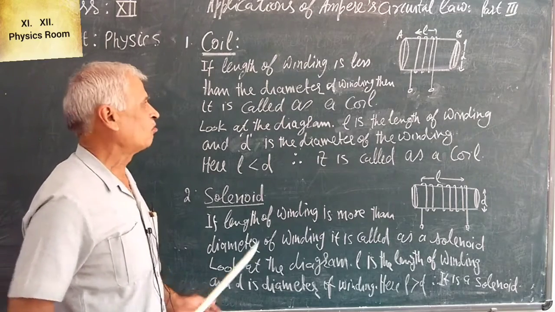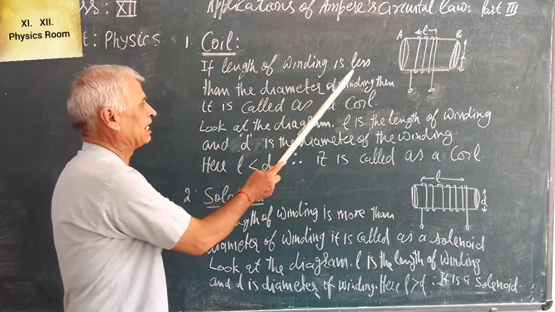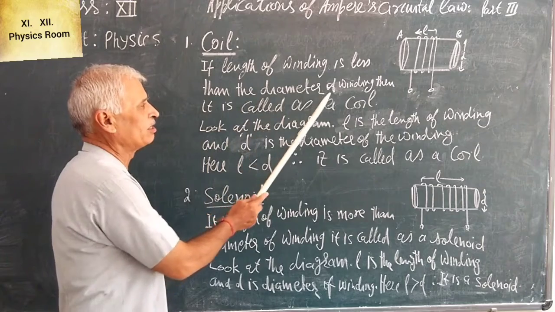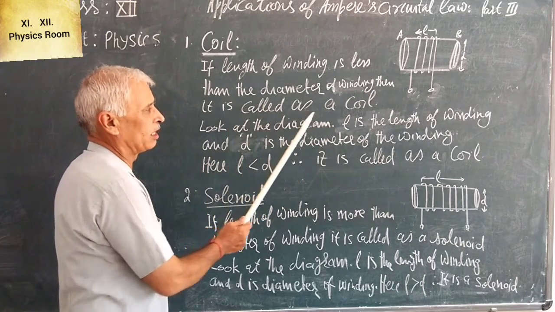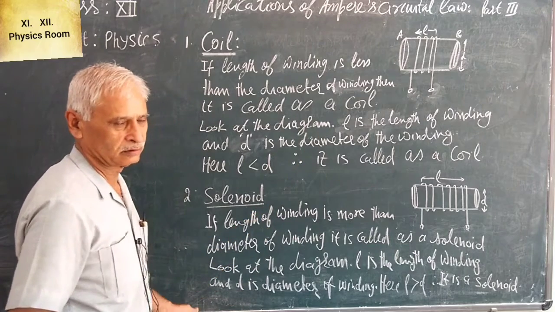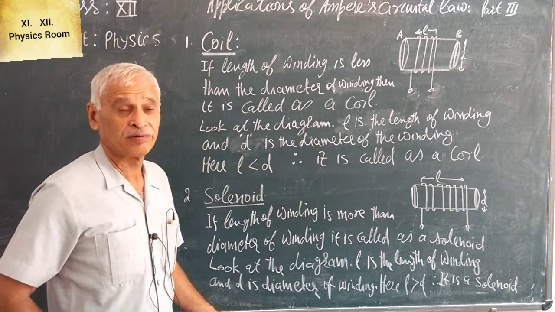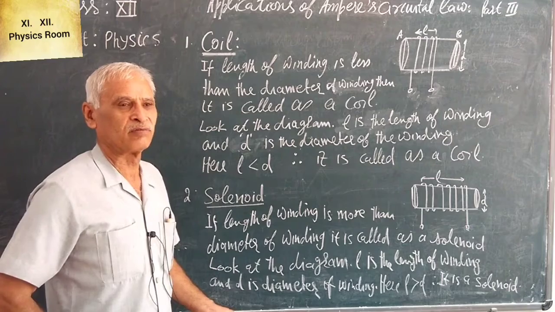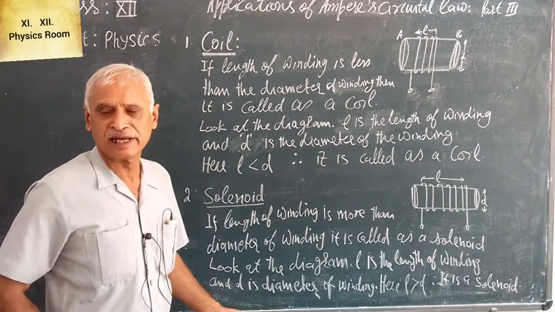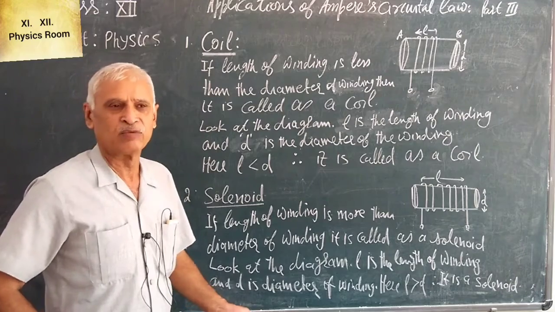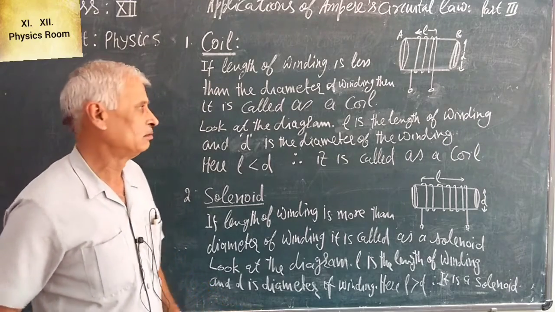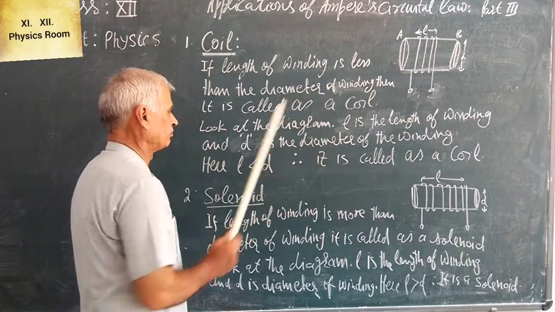If the length of the winding is less than the diameter of the winding, then it is called a coil. Look at the diagram.